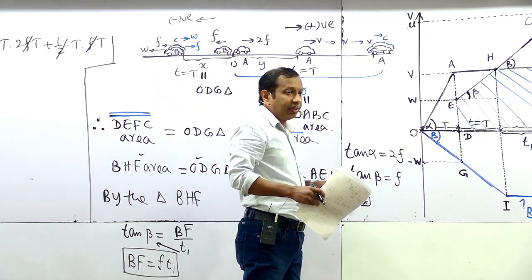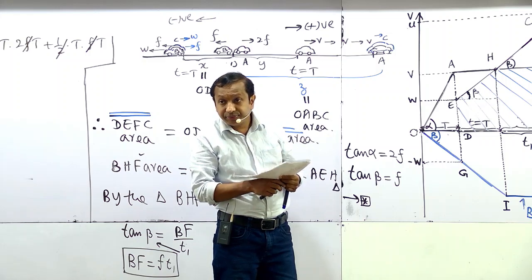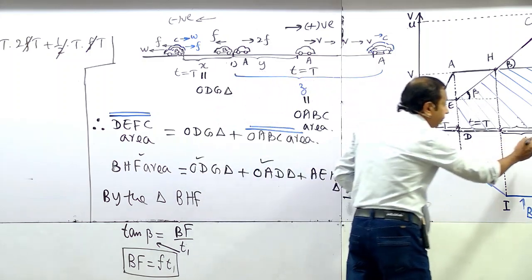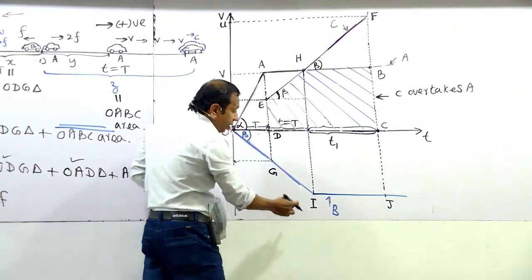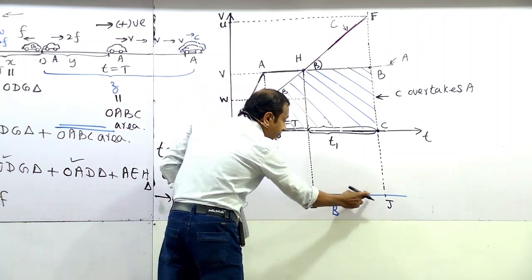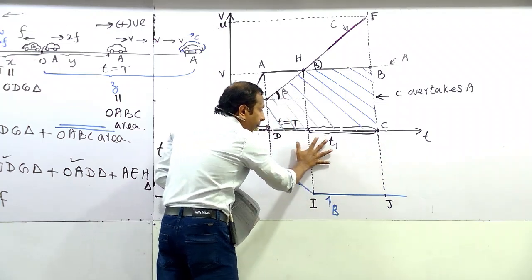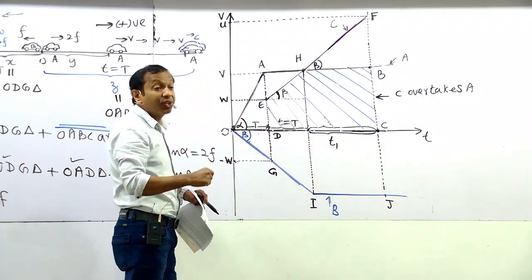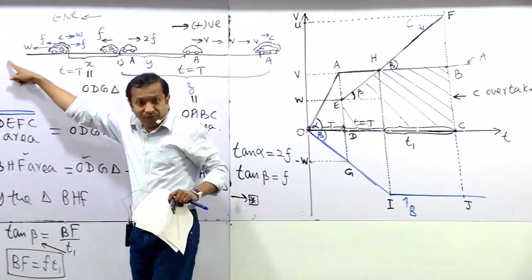When C overtakes A, this is the time point. Up to this time moment, the velocity-time graph of B is here. This whole area gives us the distance B moved to the left from O.